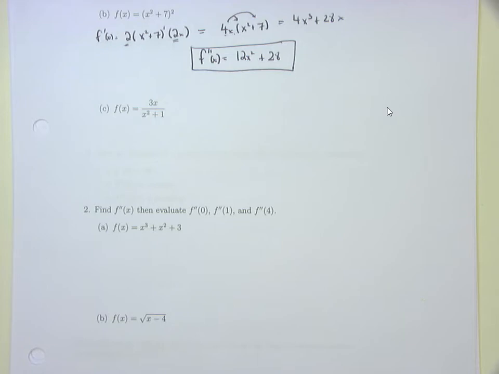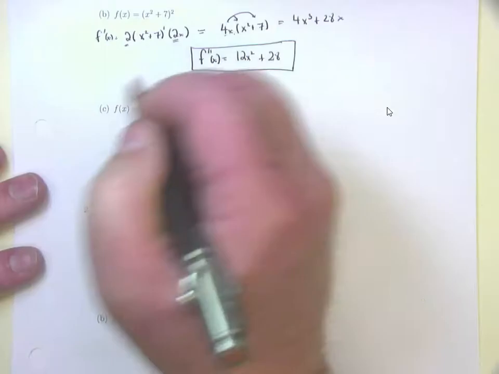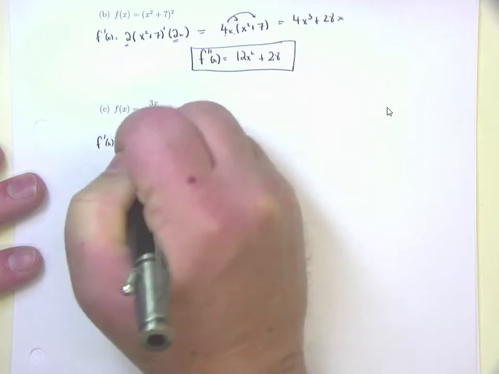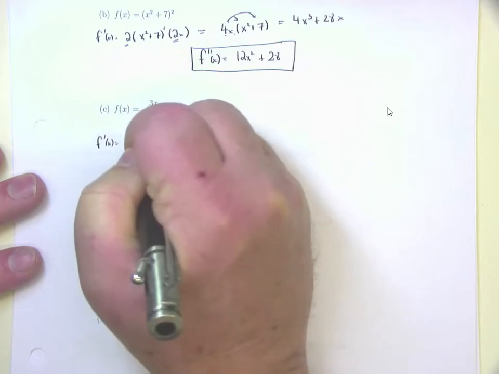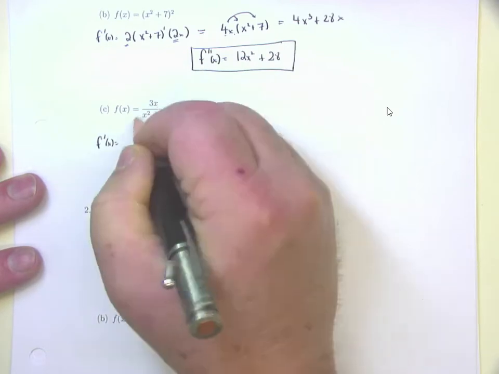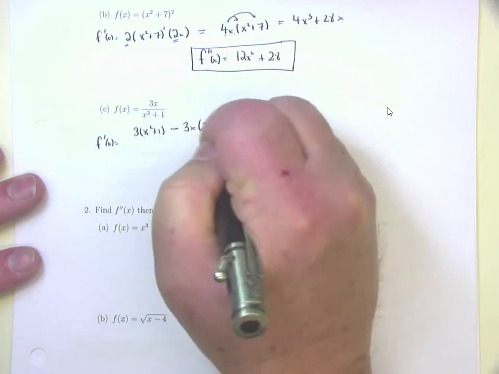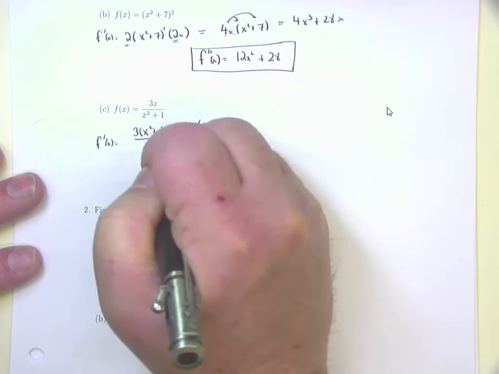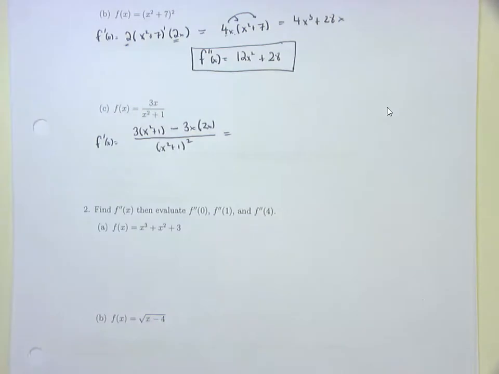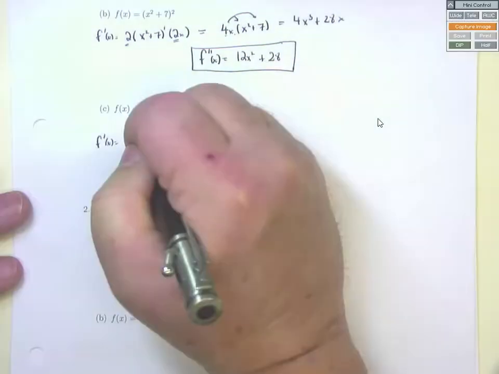So, quotient rule. Labeling is everything in calculus, so here's your first derivative. Quotient rule, derivative of the top, derivative of 3x is 3, times the bottom, x squared plus 1, minus the top, 3x, times derivative of the bottom, derivative of x squared plus 1 is 2x, all over the bottom, x squared plus 1 squared. But now I'm going to clean them up. To clean them up, I'm going to distribute the 3.